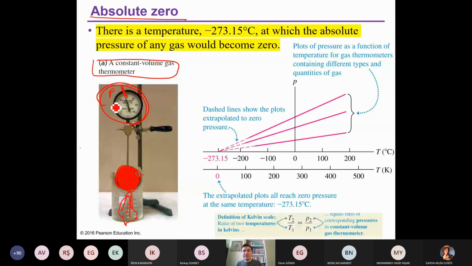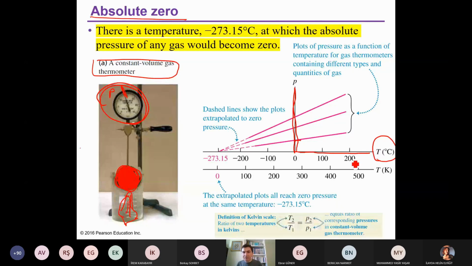And on the right side, I have a graph. So what happens to the pressure? Here I have a temperature scale in centigrade or Celsius, and this is the pressure scale. So here I have different types of gas. Let's say this is gas 1, and I increase the temperature from 0 degrees Celsius to 200 degrees Celsius.